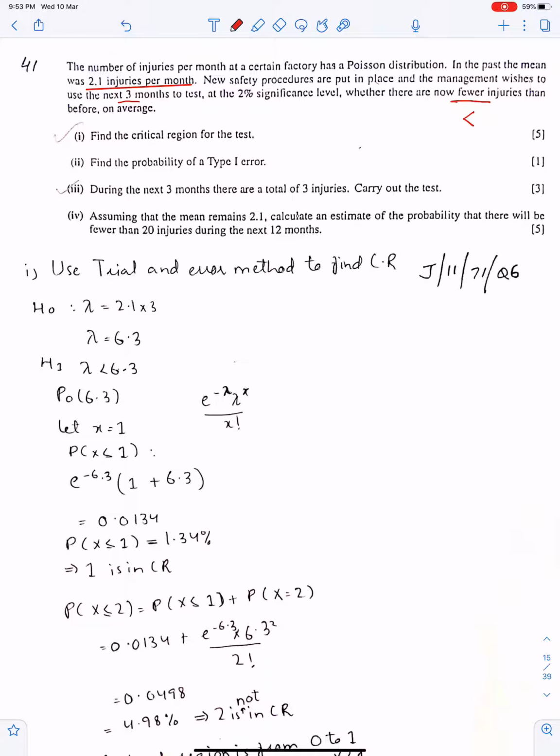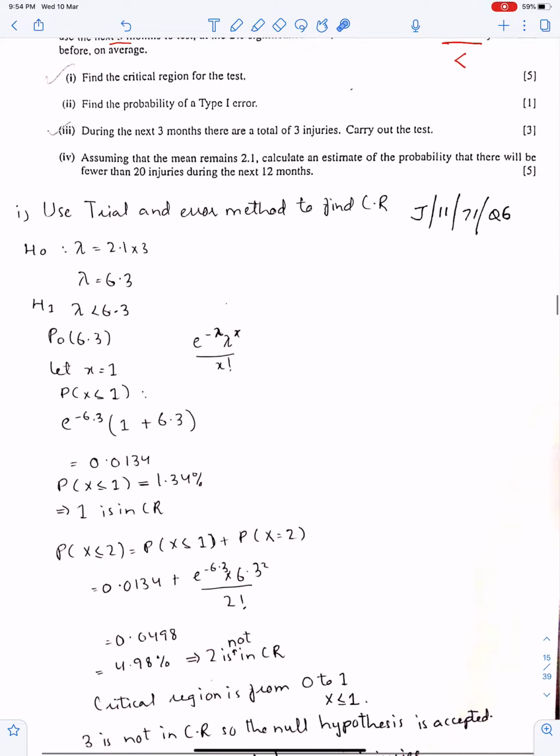Number one, find the critical region for the test. The first thing we have to do is find the critical region, and then we have to perform the test. Okay, the first part is the critical region. Now the test value is 3. You can start the calculation from 3, or if you want to, you can start the calculation from 1.